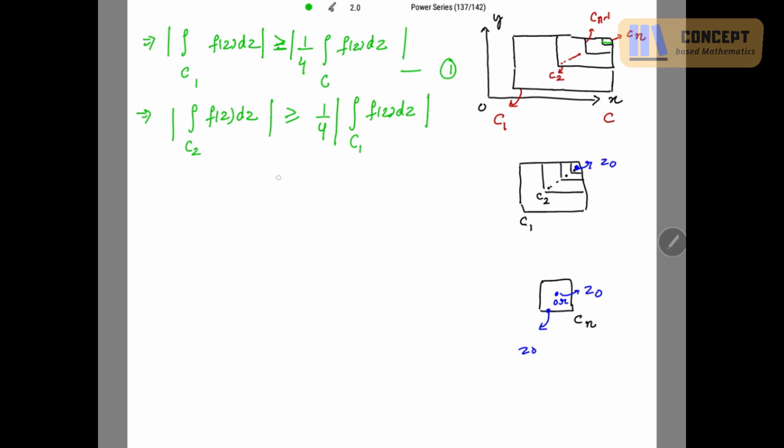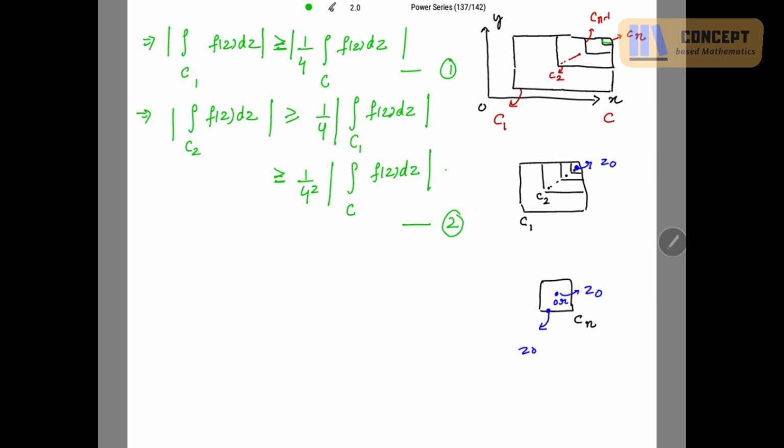Alright, so this is equal to 1 by 4 times the mod of the integral over C1, which is 1 by 4 times the integral over C of f(z) dz. So here it becomes a square now and it is replaced by the integral over C of f(z) dz. Is it clear? Okay, alright. Take this as 2. Yes, this integral over C1 is greater than or equal to that over C, so I should write greater than or equal to here also.